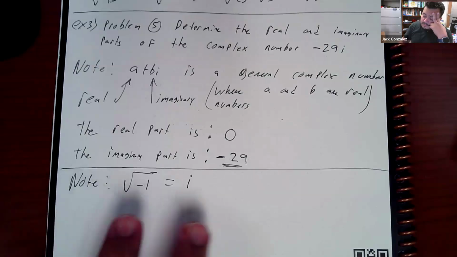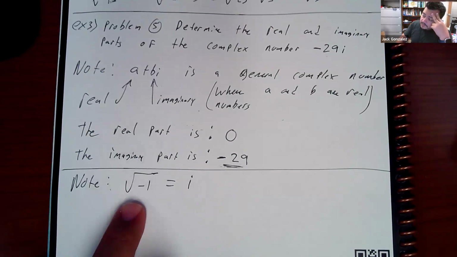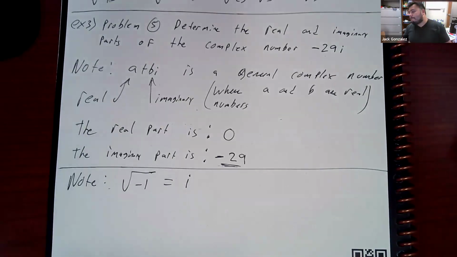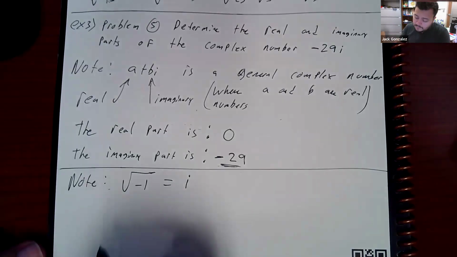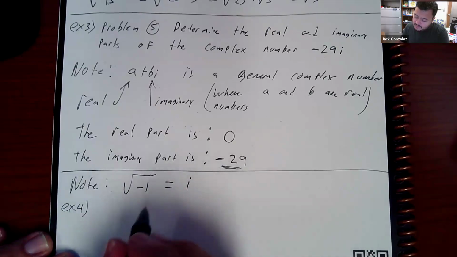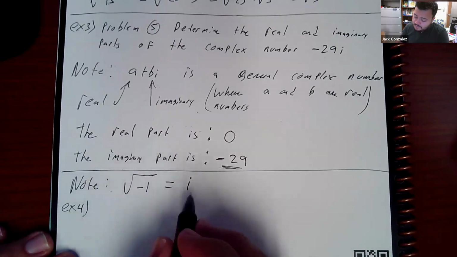All right, so the next part, recall that the square root of -1 is equal to i. So if you see a negative in there, separate the -1.